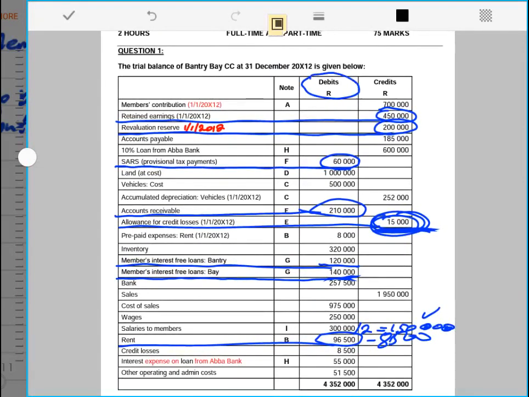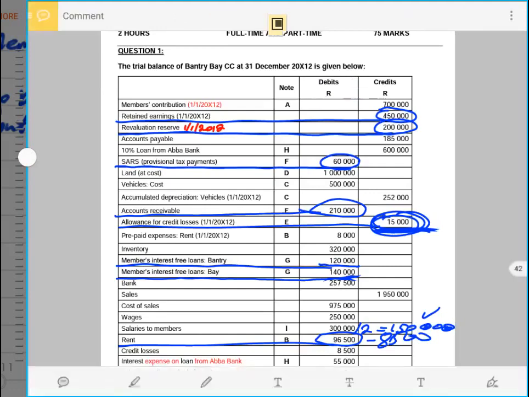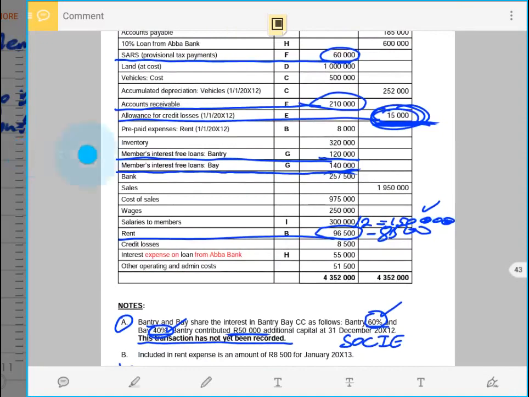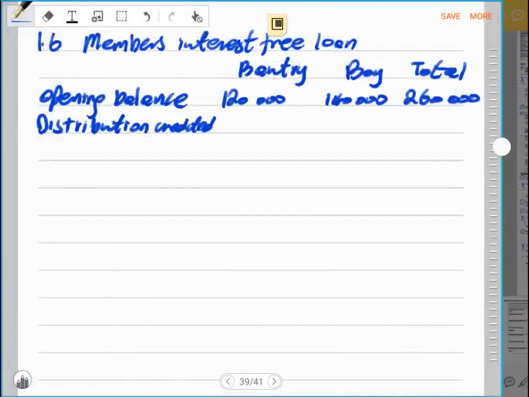The fact that a loan is on the debit side indicates that it's an asset in the close corporation. That means it's a loan that was given to a member. So the assets of the close corporation will be decreasing, by 72,000 rands, because it's more like the members are making a payment, and 48,000 rands. And the total will be 120,000 rands.